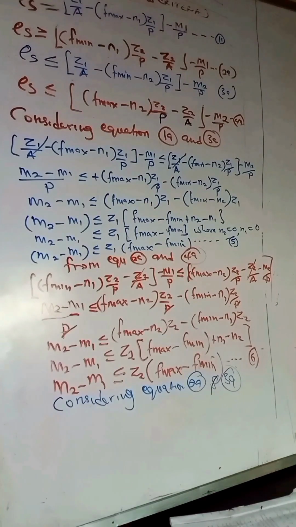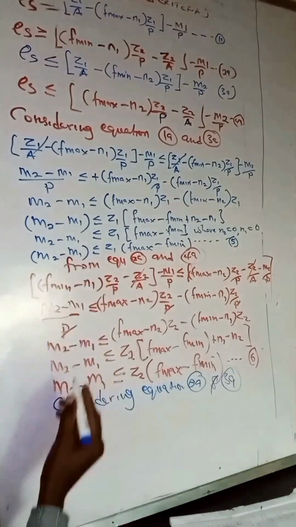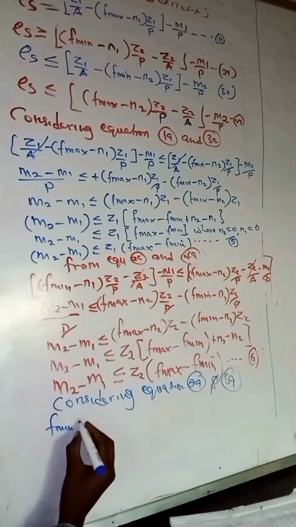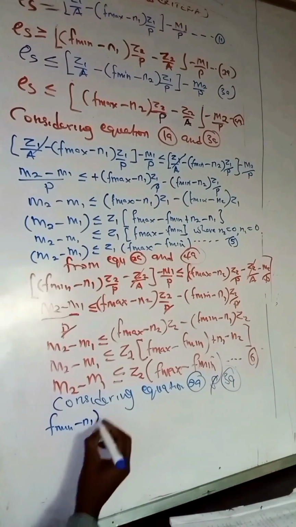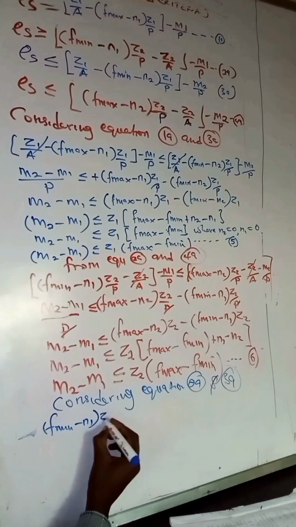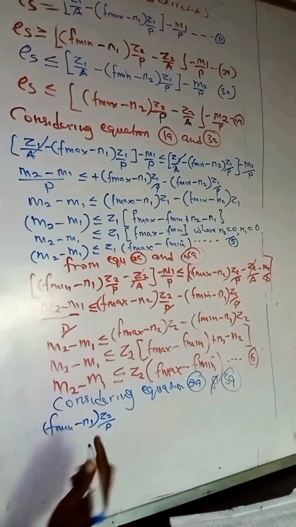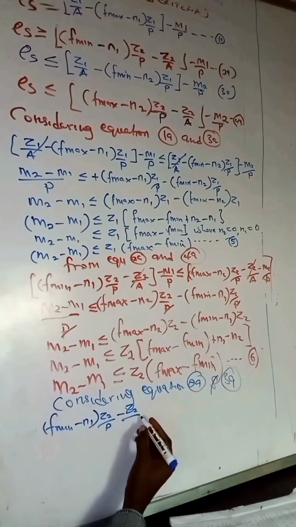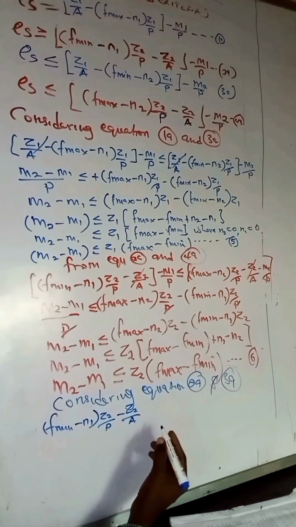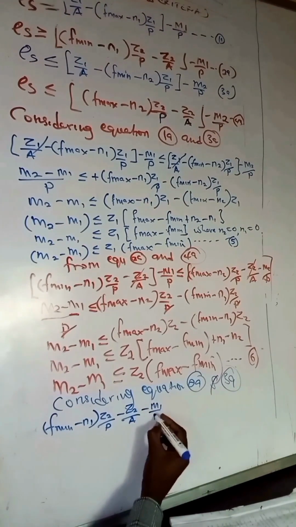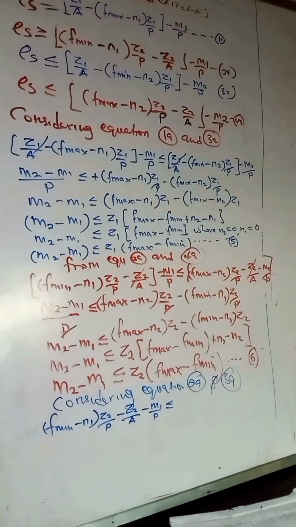So we have equation 2a as F minimum minus N1, Z2 over P, minus Z2 over A, minus M1 over P is lesser than, let's go to equation 3.